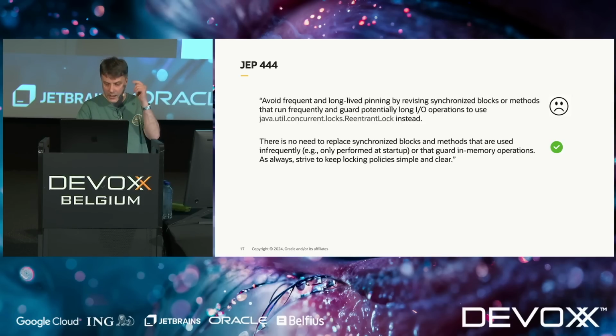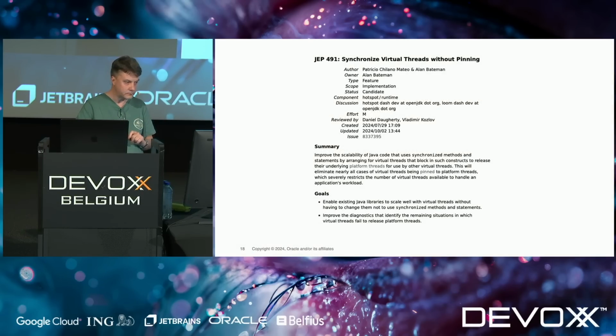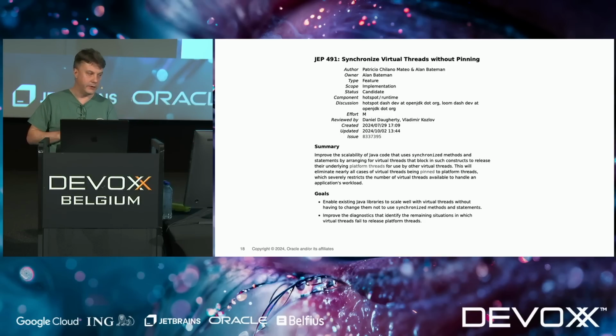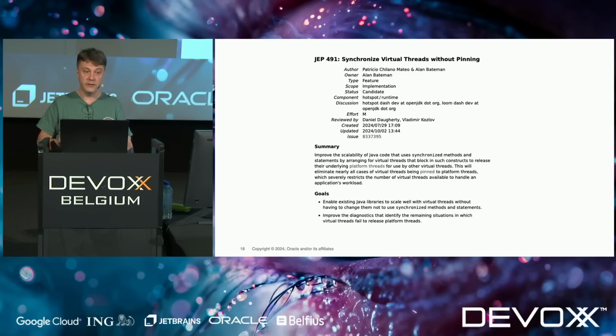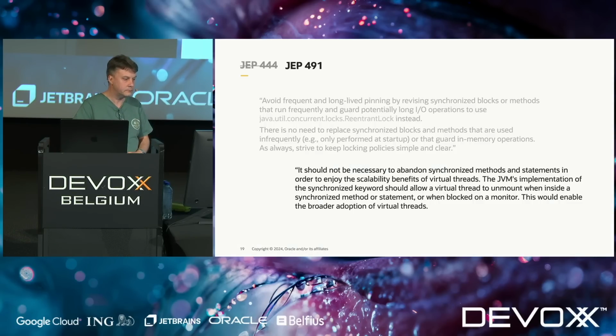Well, anyway, the good news is we're going to make this problem go away. So we have a JEP. It's JEP 491, synchronized virtual threads without pinning, that's currently on the technical roadmap that will address this issue. This revisits the implementation of object monitors in the VM to address the pain points that I've talked about.